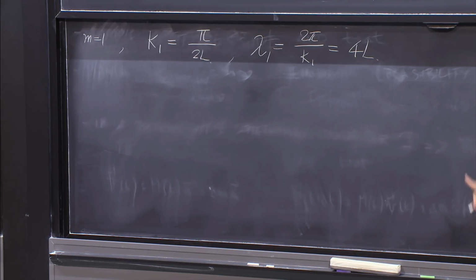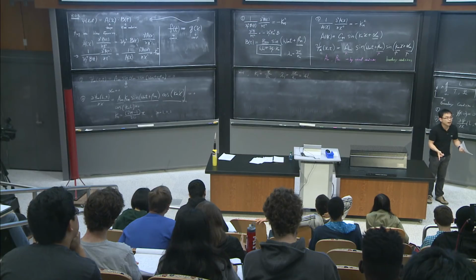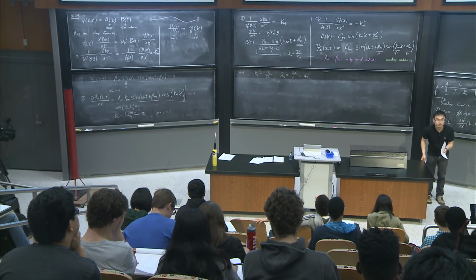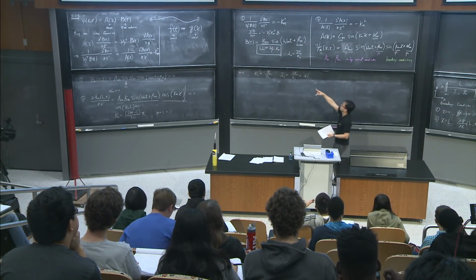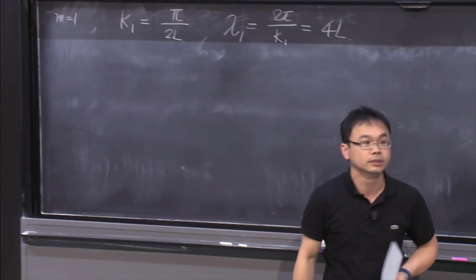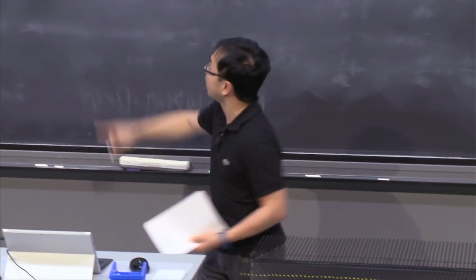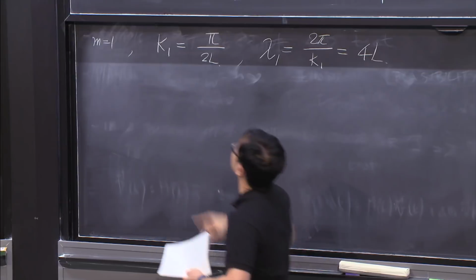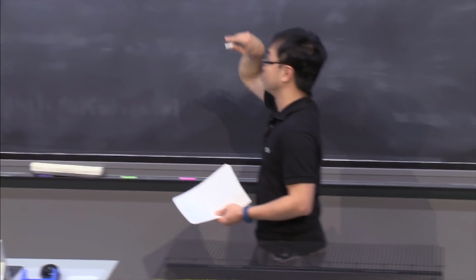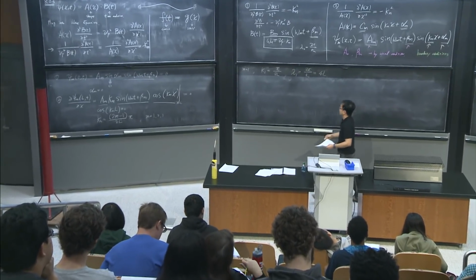Don't forget, once you already decide the k, the omega is also determined, right? Because omega, which is the angular frequency of this normal mode, is determined by the dispersion relation omega n equal to Vp times kn, right?